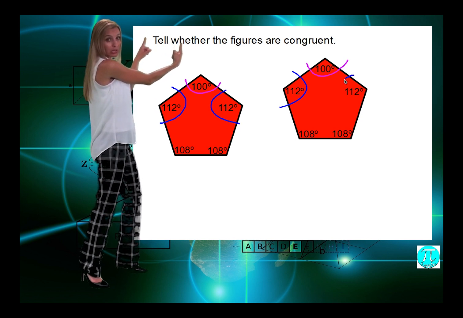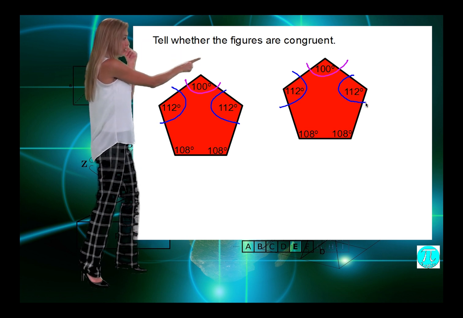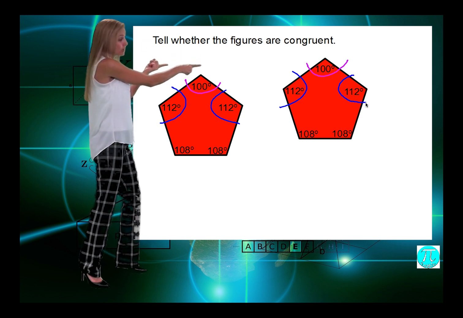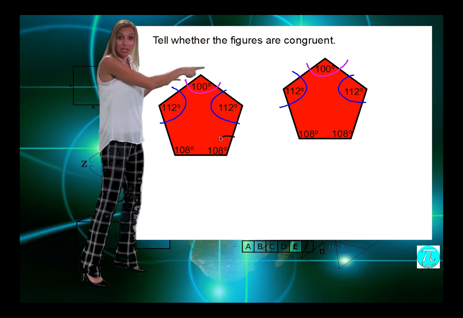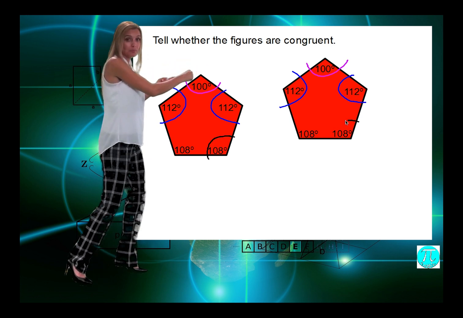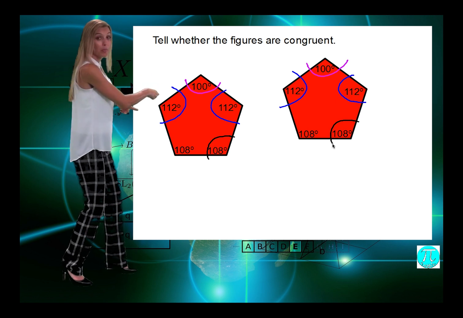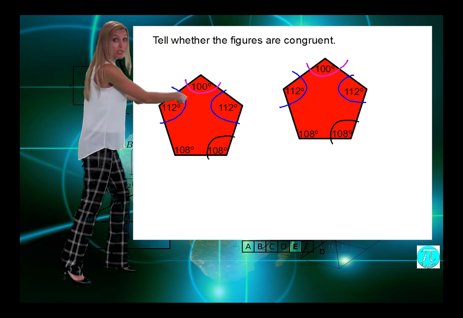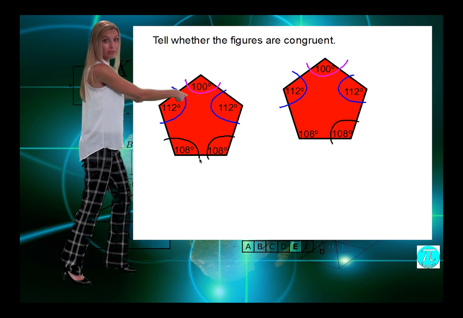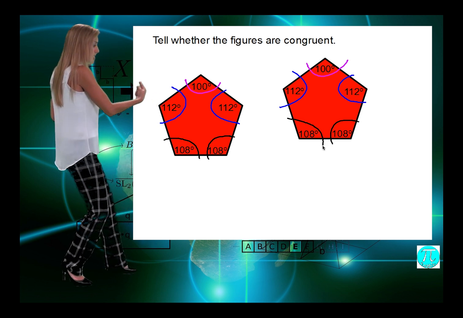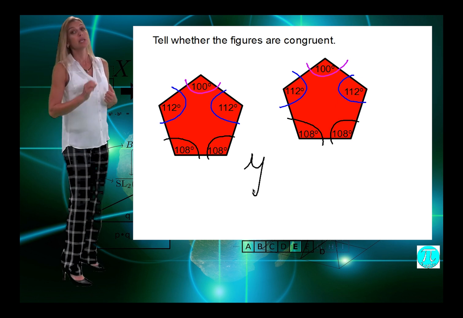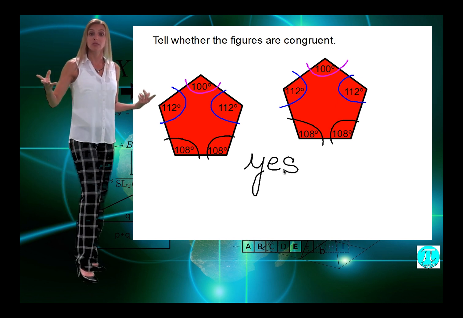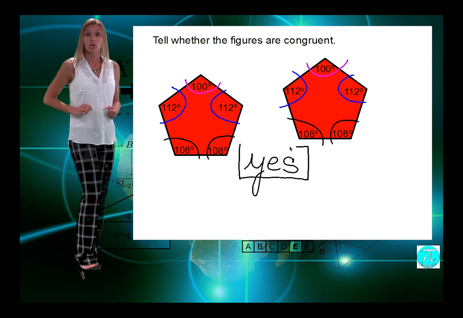Those are congruent. Or my angles on the right-hand side, they're identical as well, same measures. Let's keep on going. This one over here, bottom right, is the same measure as the one over there on the bottom right. And these, the last two, also have the same measures. So these angles are identical, so these figures are congruent.